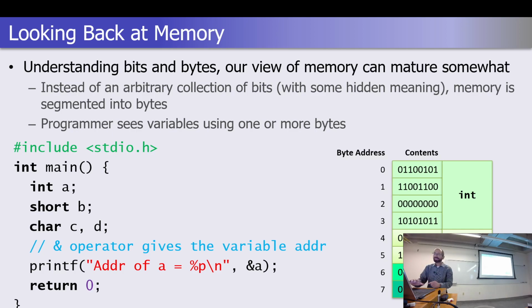That ampersand operator that we've already seen in the context of scanf is doing exactly what I mentioned, which is, don't give me the value of variable A, which I may still want for other purposes, but right now, don't give me the value of variable A, give me the actual address of where A is stored in memory.